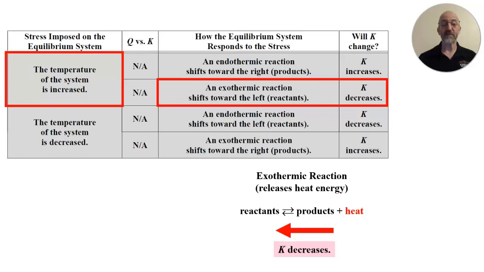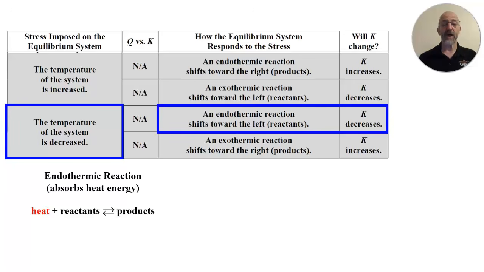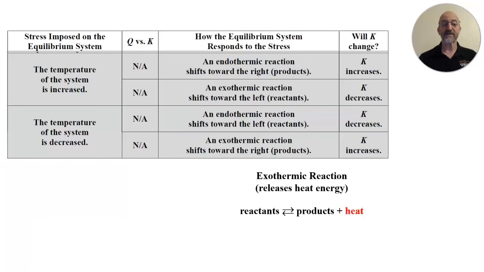Okay, 2 more possibilities. Suppose that the temperature of the system is decreased and the reaction is classified as endothermic. Well, there would be a shift in the exothermic direction, which would be from right to left, from products to reactants, and this would cause the value of K to decrease. And then the last possibility, suppose that the temperature of the system is decreased and the reaction is classified as exothermic.